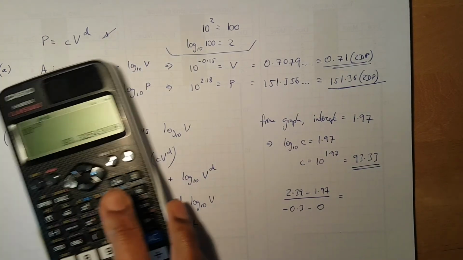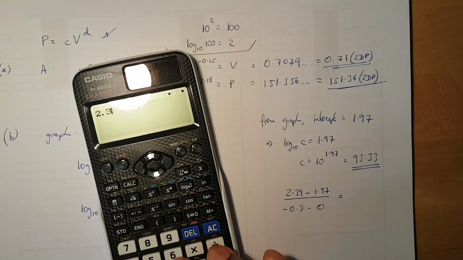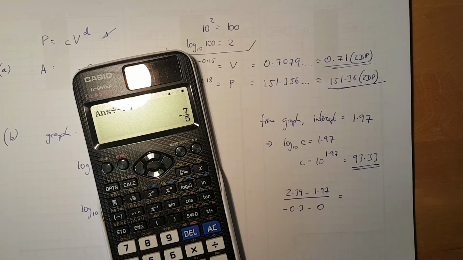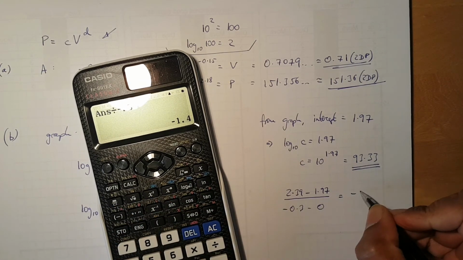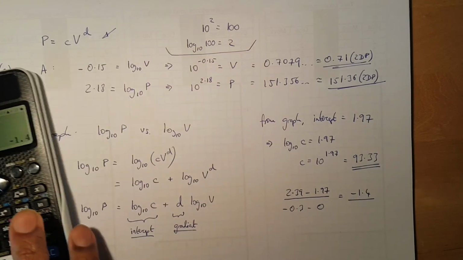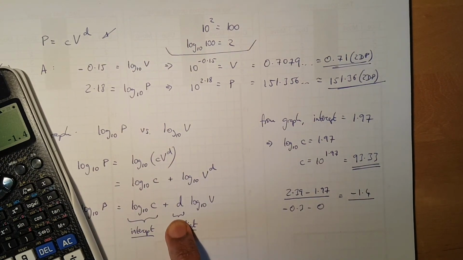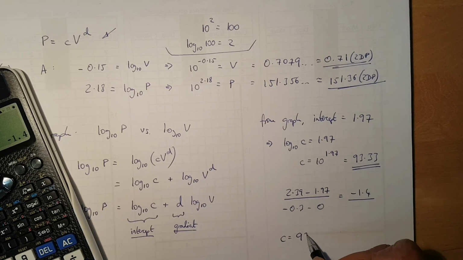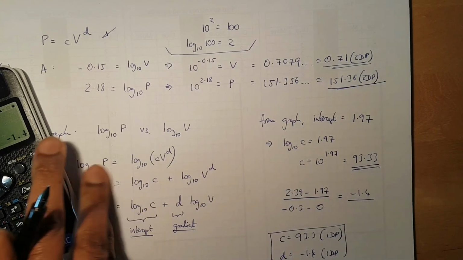So if I put those into a calculator, I get 2.39 minus 1.97 divided by negative 0.3, and I get negative 1.4. That's my gradient, and that should be the d itself. I don't have to do any logs work with that because of how it works out. So c equals 93.3 to 1 decimal place, and d is equal to negative 1.4 to 1 decimal place. And those are my solutions there.